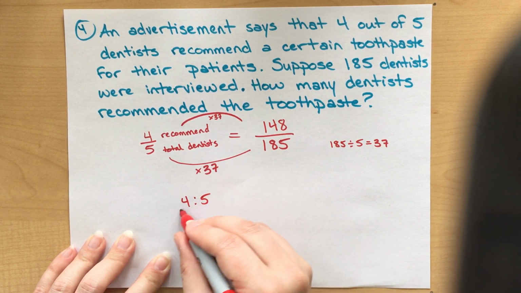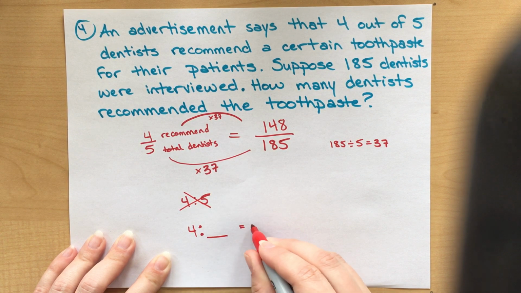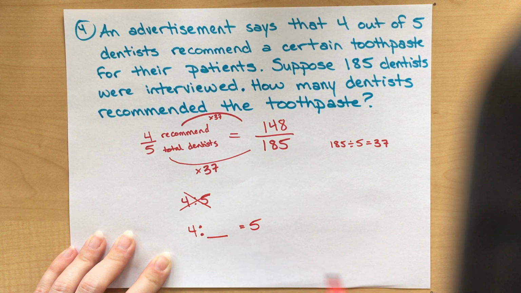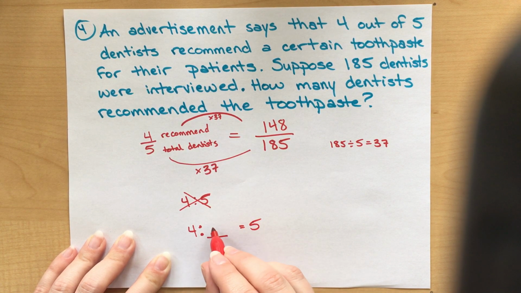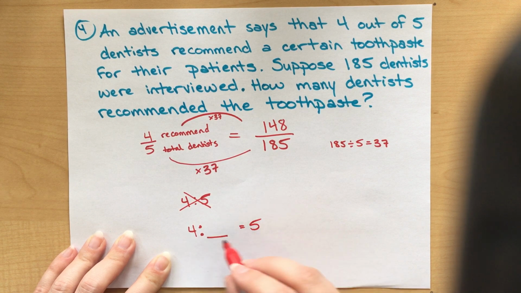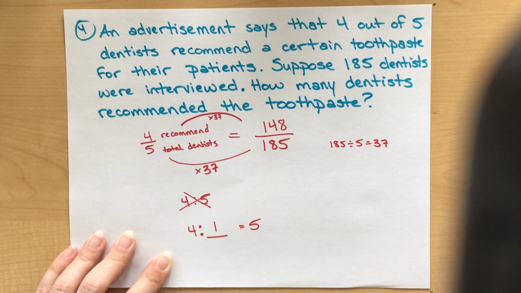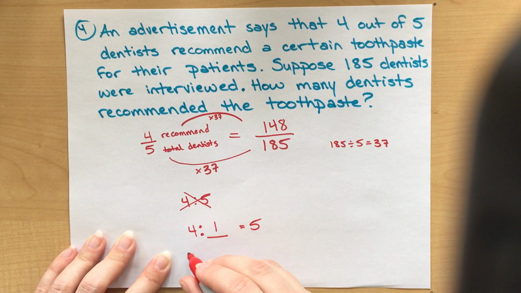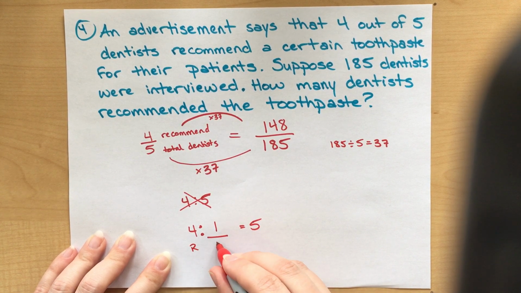What we need is a ratio that's going to equal that 5, right? 4 out of the 5 total, which means I need to find out what number's missing here. So if I have 4 already, I need 1 more to get to that 5. So this is the ratio that you would actually be creating. Okay, and this is what we're saying. These are the people who recommend it, and then these would actually represent the people who don't.